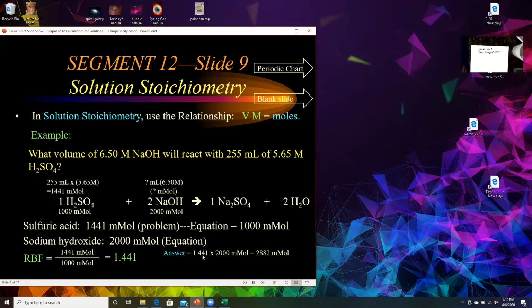So 1.441, the rebalancing factor, times 2,000 from here. I get 2882 millimoles. So that's how many millimoles I need. Now, if I divide that by 6.5 millimoles per milliliter, that's the concentration. 6.50 molar is 6.50 millimoles per milliliter. And I did that to get the units the same. So I need 443 milliliters of solution.